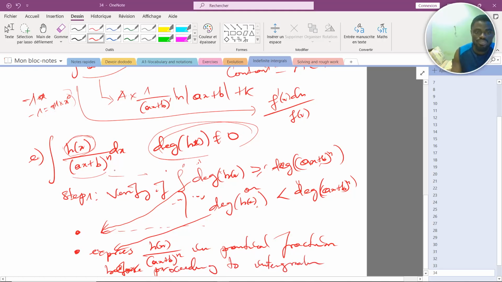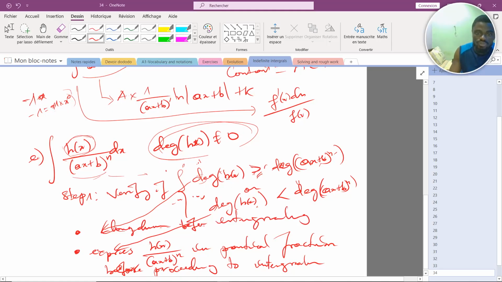So in this situation, I said the first thing, you verify the degree of each of the functions. If the degree of h of x is greater than the degree of ax plus b, you proceed to long division before integrating.